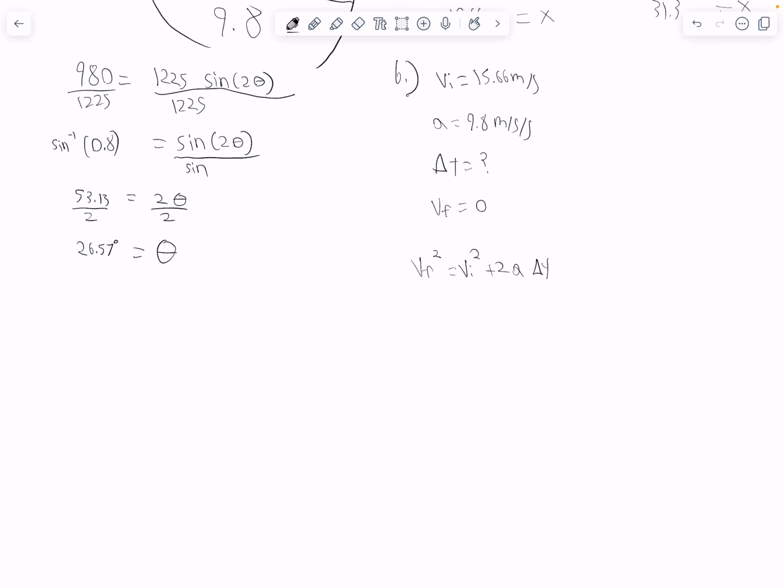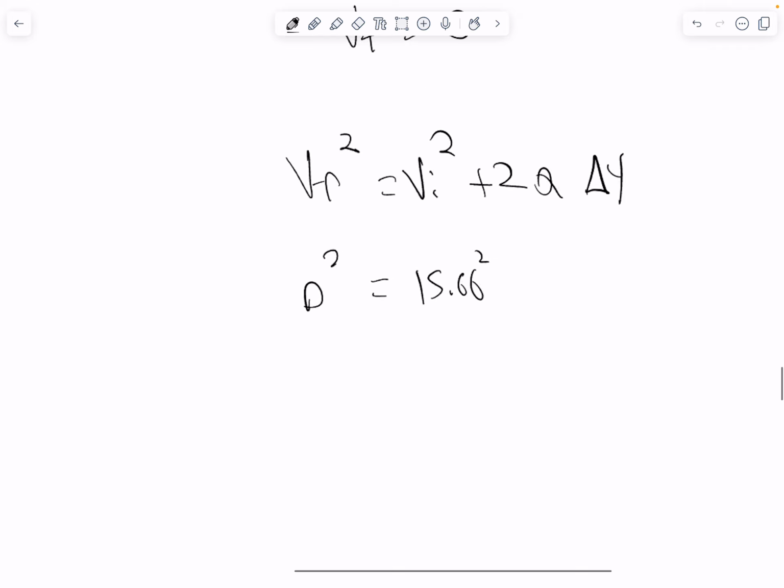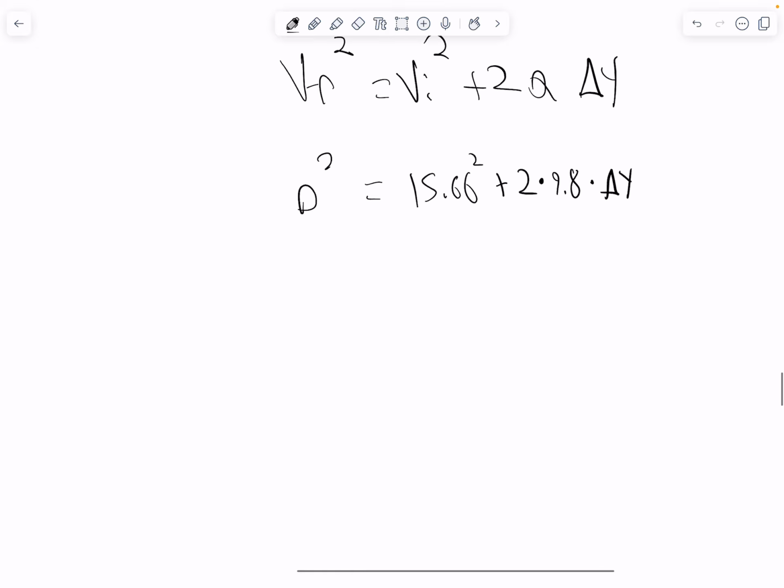We start plugging in our numbers: 0 squared equals our vi, which is 15.66 squared, plus 2 times 9.8, and then we're trying to solve for our distance in the y component, so we leave it like that. 0 squared is obviously 0. 15.66 squared should give us 245.24, plus 2 times 9.8 gives us 19.6 delta y.